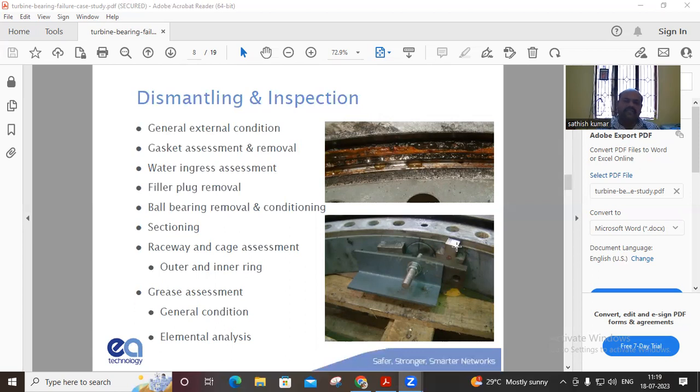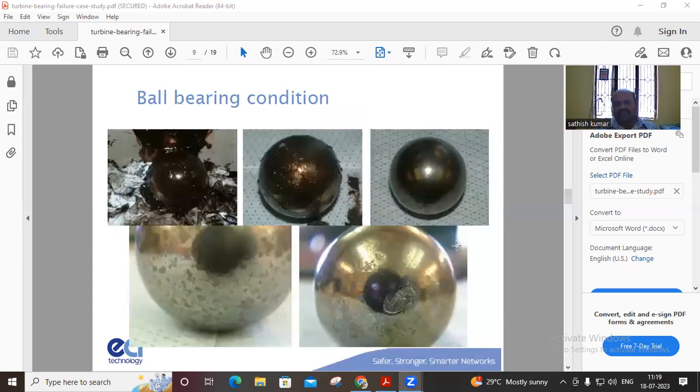In the grease assessment, we have to check the general condition of the grease and elemental analysis. Both should be done. This is a glimpse of ball bearing condition, which is taken from the turbine bearing. You could see there is somewhere the point of contact is there.